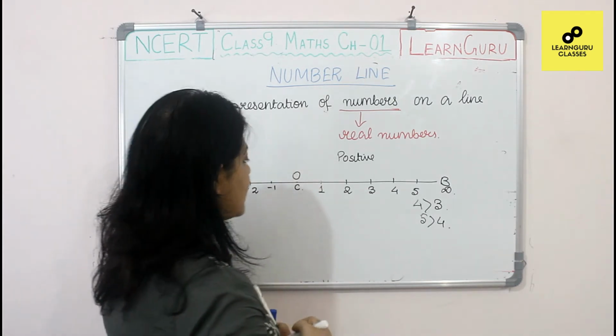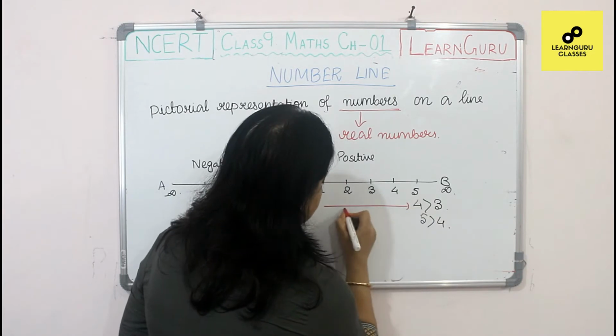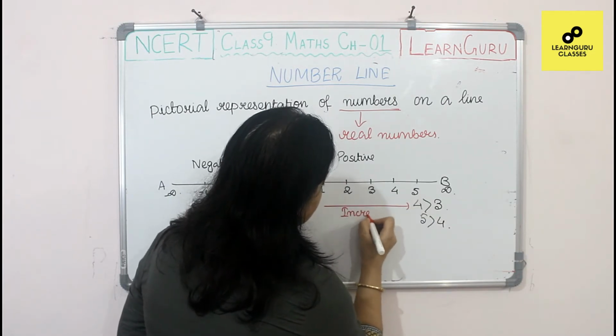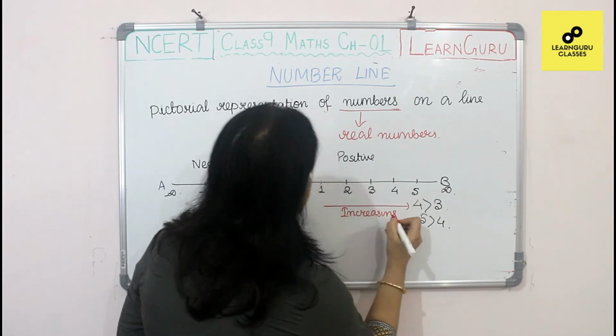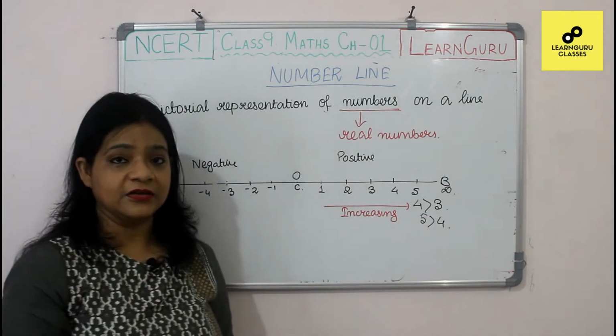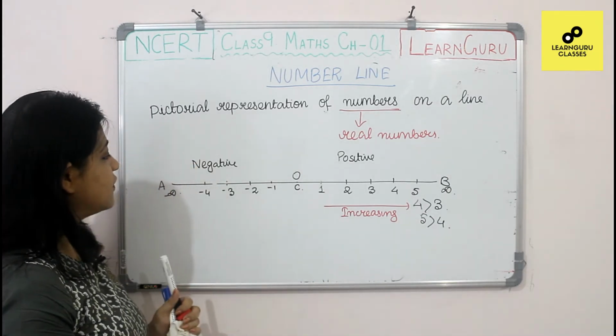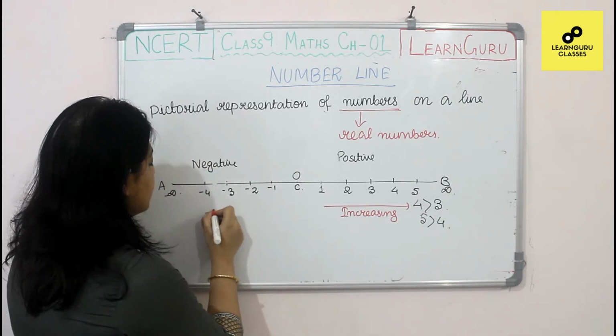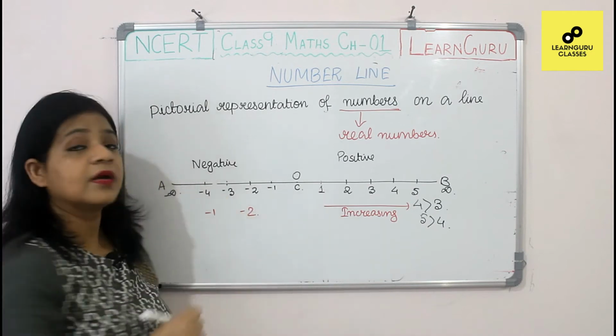So what will we write here? Increasing values. Okay, now come to the left hand side, that is the negative integers. If I ask -1 or -2, which one is greater?